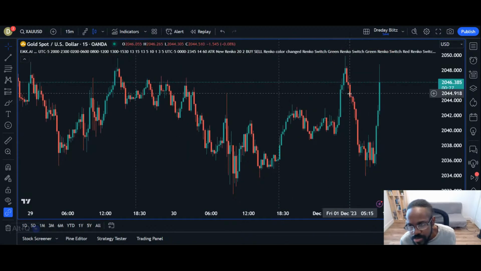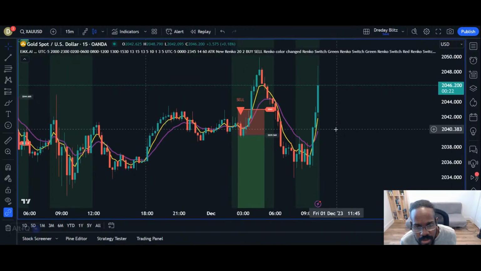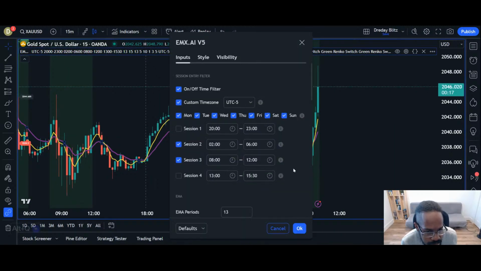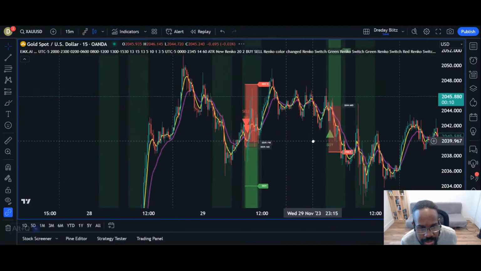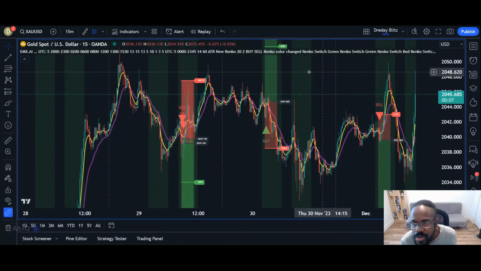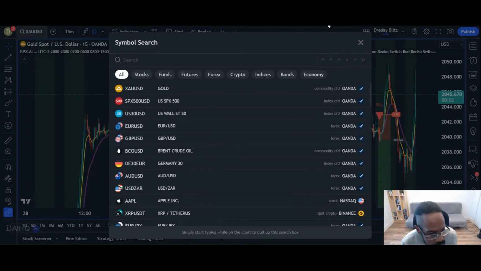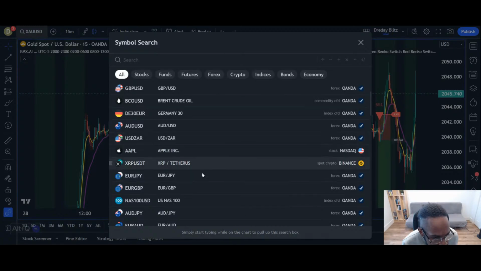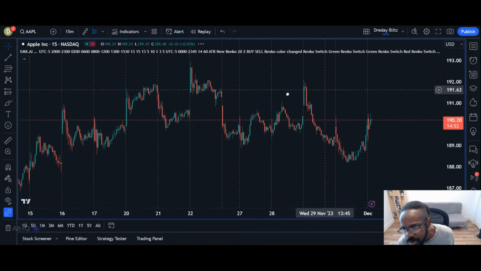Let's look at gold. For gold, let me double check the settings here. 8 to 12. Yeah, let's check Apple. So let's see exactly what happened on Apple.